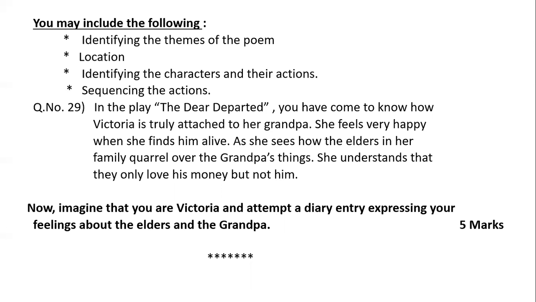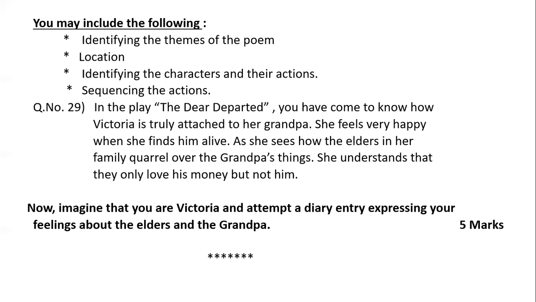And then identifying the characters and their actions. Characters, what are they? The woman, her mother-in-law, okay? And the chorus for setting the location, the vegetable vendors, 2 or 3 people, and 6 to 8 performers to set the different locations, and then comes the sequence of actions.